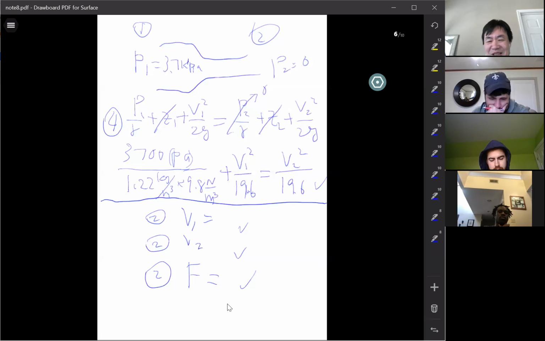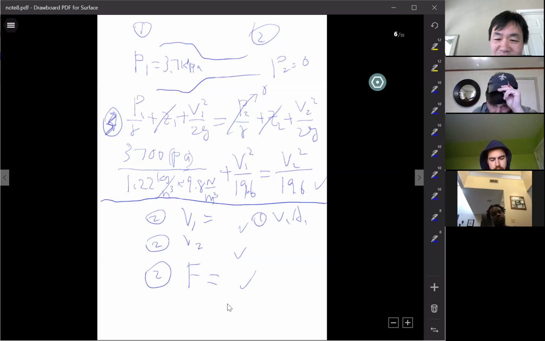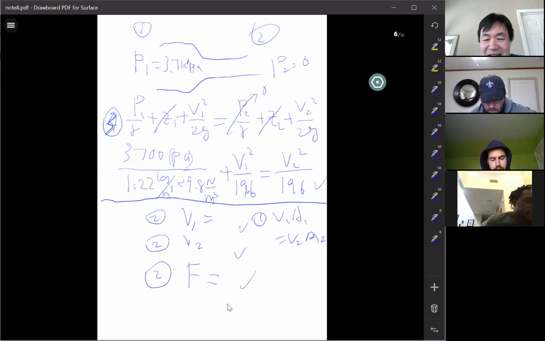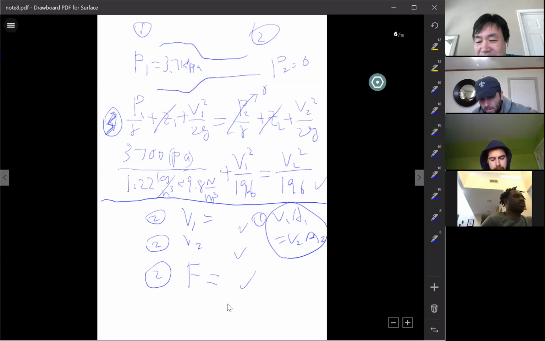But you need something additional to find V1, V2, which is conservation. Maybe I give 1, 2 points, maybe here I give 3 points. I give 1 point if you say V1 A1 equals V2 A2. Conservation of mass, right? Understand this: flow rate is the same.